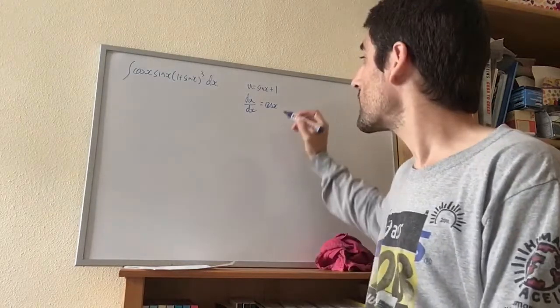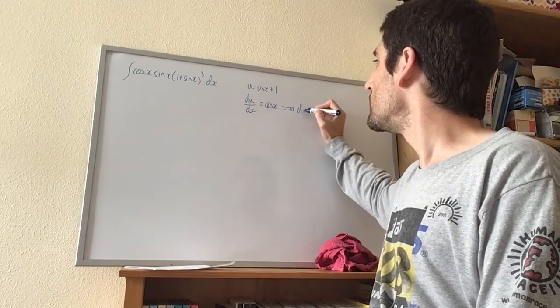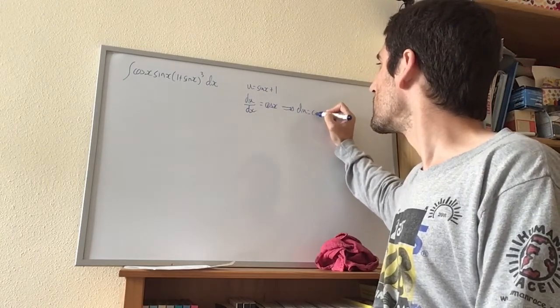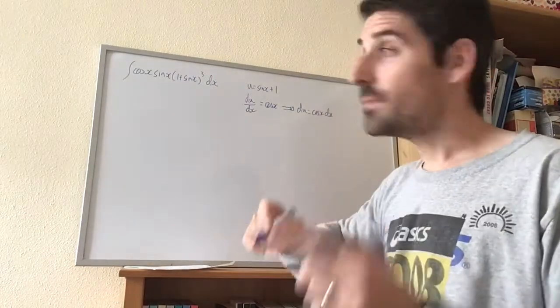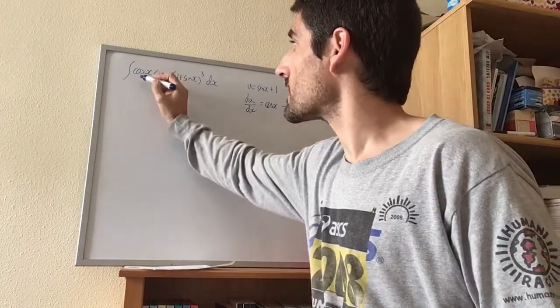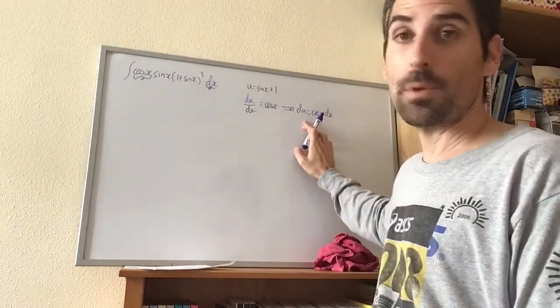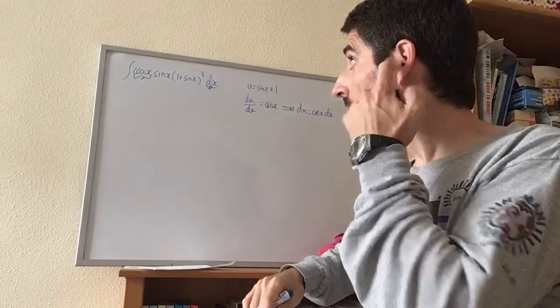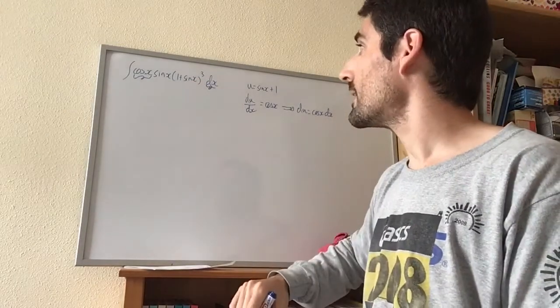If I rearrange that, du equals cos x dx. So that cos x with the dx is going to be my du, and that's taken care of. Now I only need to substitute in there.